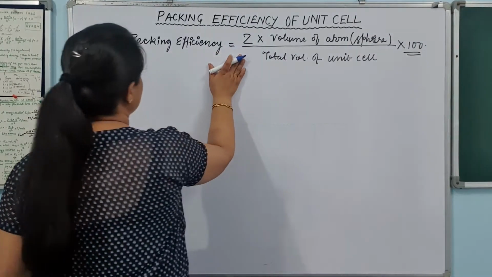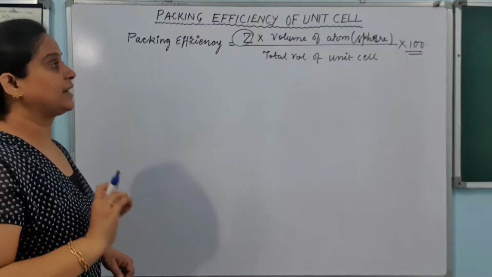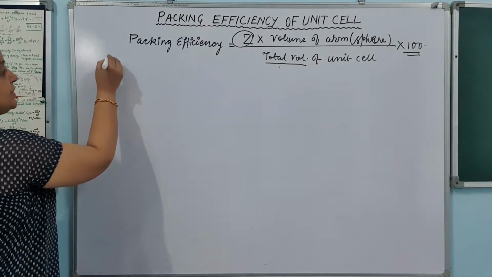So you will apply this formula, where Z indicates the total number of atoms in that unit cell. I am starting from the simple cubic cell.